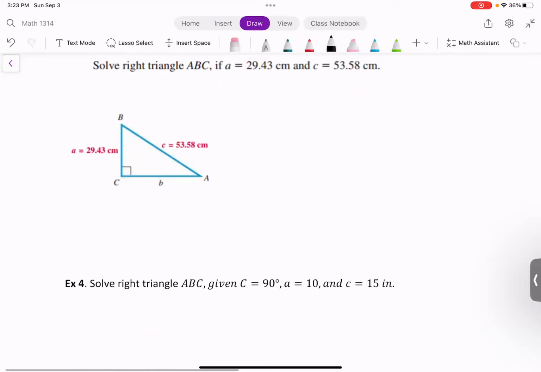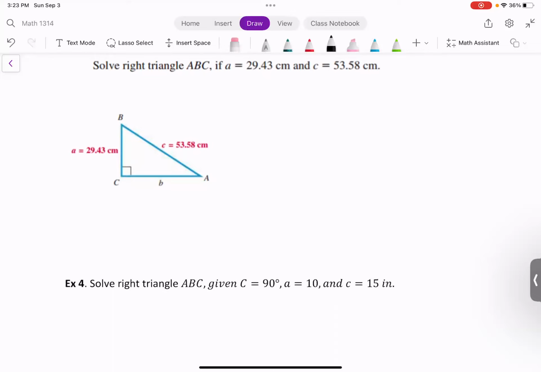Solve the right triangle ABC, if A and C are given. Oh, we do not have any angle. We have 2 sides. If I have 2 sides, A and C, I can find B immediately because of the Pythagorean theorem.